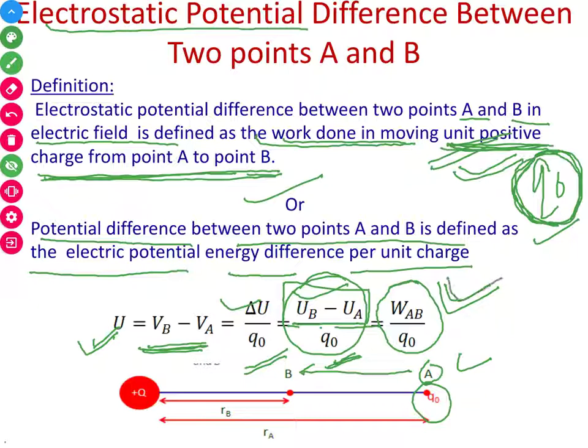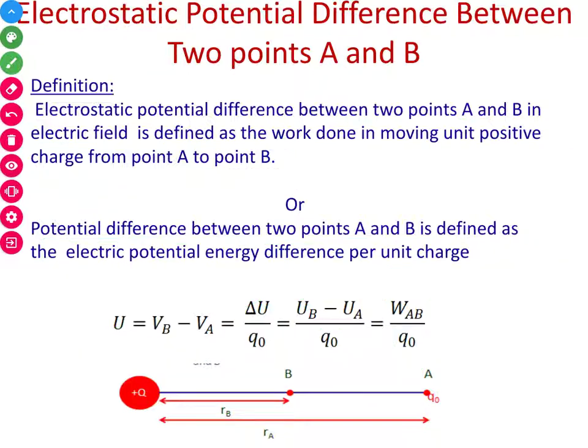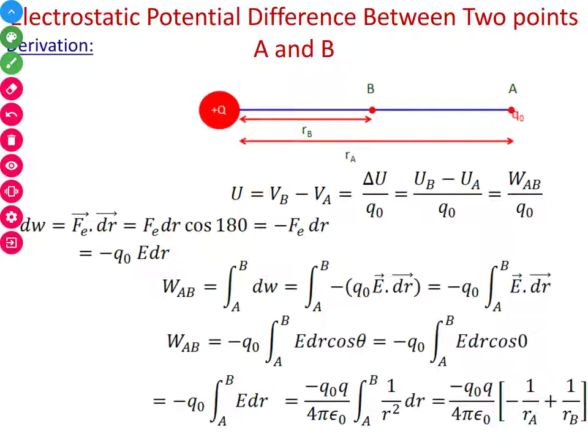WAB is the work done in bringing the test charge Q0 from A to B, and if we divide that expression by Q0, we get the electrostatic potential difference between these 2 points A and B. So once we know all these basics, we can easily find the electrostatic potential difference between these 2 points. So let's derive.